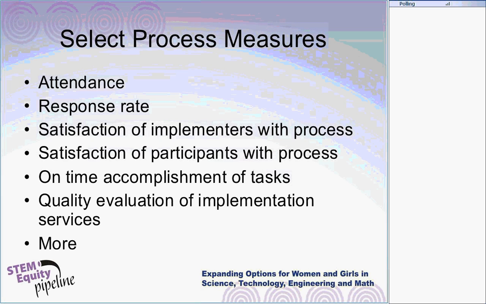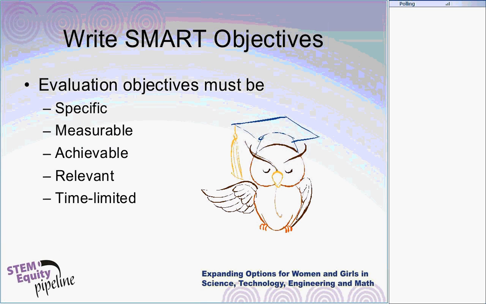But satisfaction that the participants have with the process is also important. Did you accomplish the task on time? What about quality measurements of the implementation of the services? Could also be considered process measures. So these are all things to consider when defining your evaluation for conducting a program or any kind of a project.